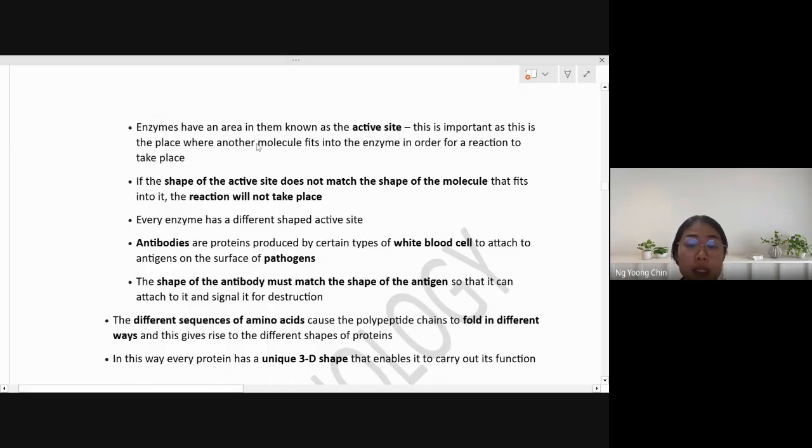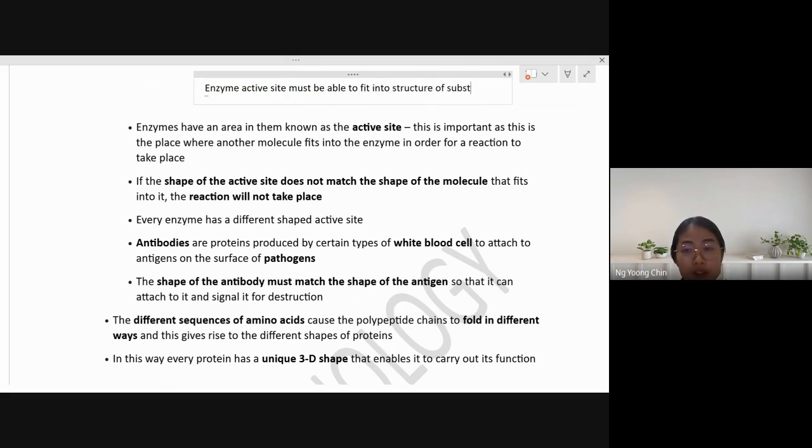Whenever the substrate is able to fit into the enzyme active site, they form what we call the enzyme substrate complex. So the enzyme active site must be able to fit the structure of the substrate.